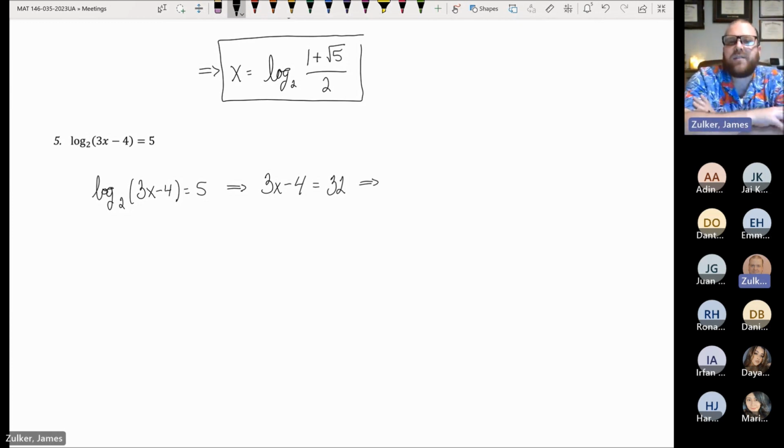Now we have a very simple linear equation. Add 4 to both sides. Divide by 3. We get x is equal to 12. What's the domain of a logarithmic function?